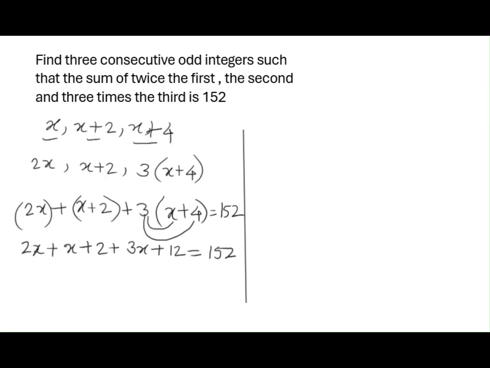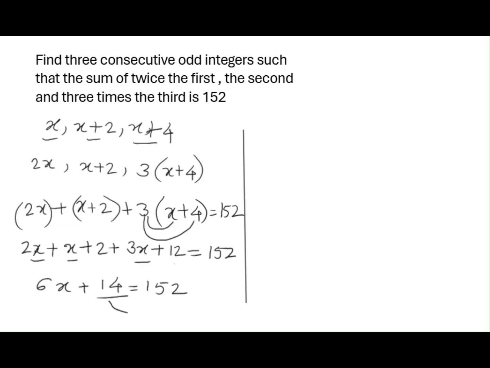Now we will first find the x terms. 3 x terms are there. 2x plus x is 3x plus 3x is 6x. So 6x in total, the x term will be 6x. And now numbers are 2 and 12. So adding these two, we will get 14 is equal to 152.